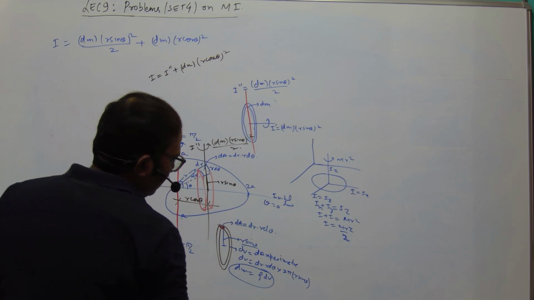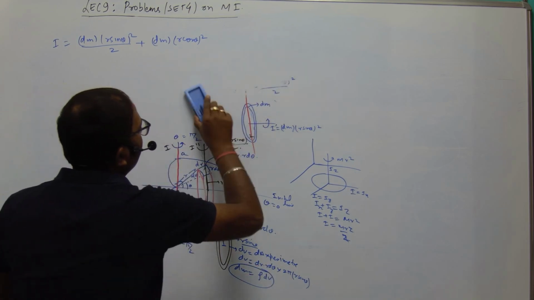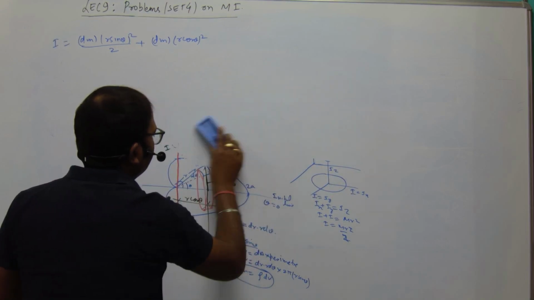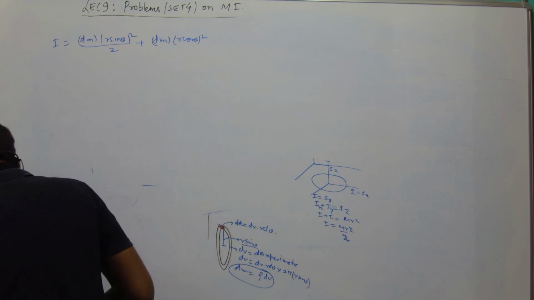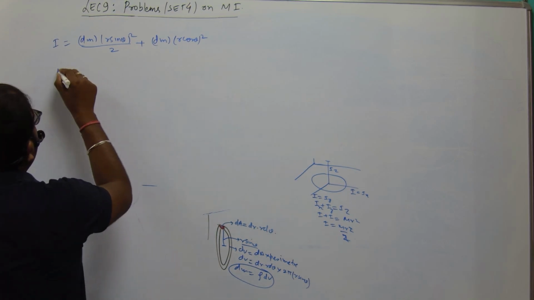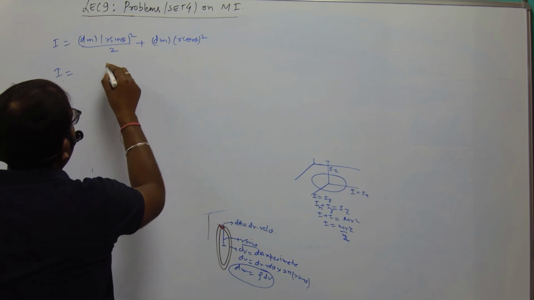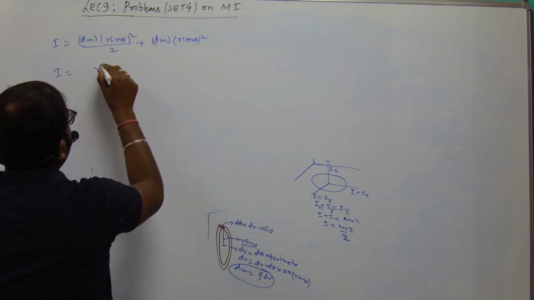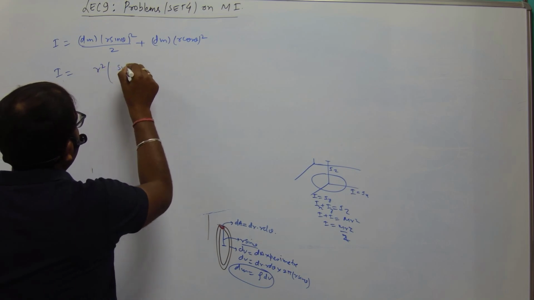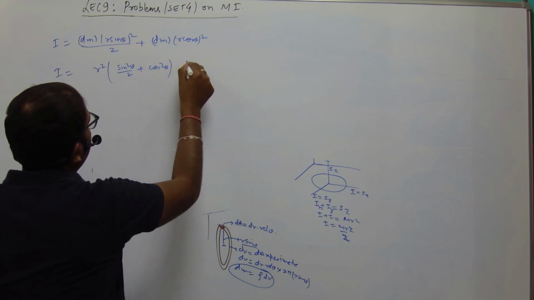So we have the value of dm as this one. So I is equal to, we can take out r square, so we have r square into (sin square theta upon 2 plus cos square theta) into dm.